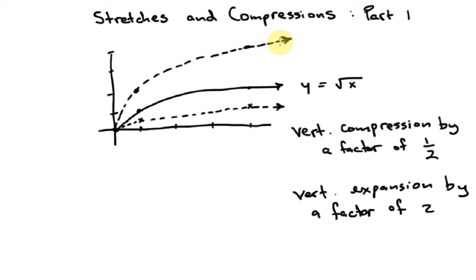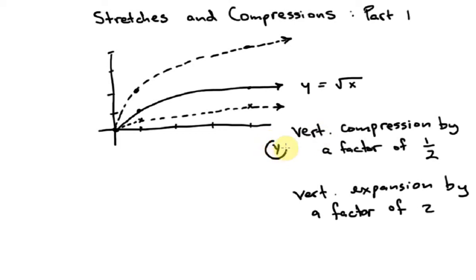So now the real question is, what changes do we make to the function that would cause these changes to happen? I'm going to cut right to the chase, and then I'll convince you that it is true. We're talking about vertical changes, and vertical changes have to do with y.